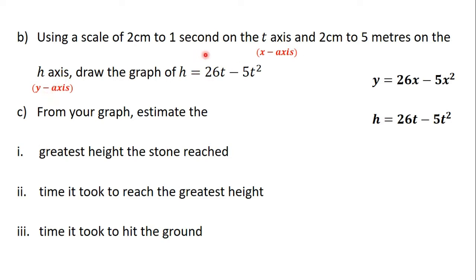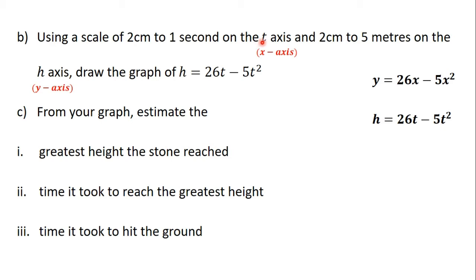In the question, we were told that the time t is in seconds. So on the t-axis, the scale will be 2 centimeters to 1 second. Usually when we are quoting the scale on the x-axis, we say 2 centimeters to 1 unit or 2 centimeters to 2 units. This is because we don't know the units of x.